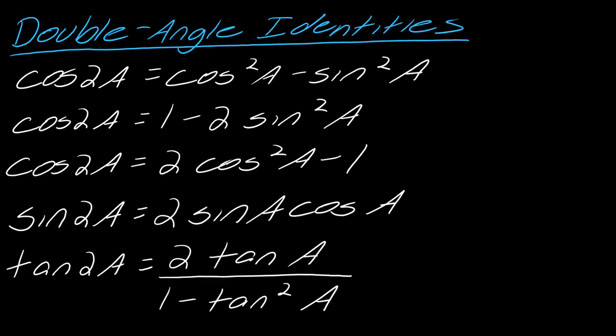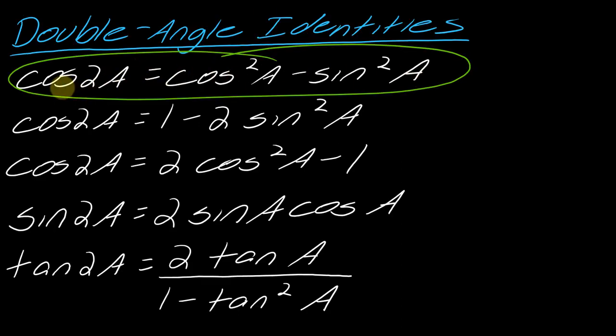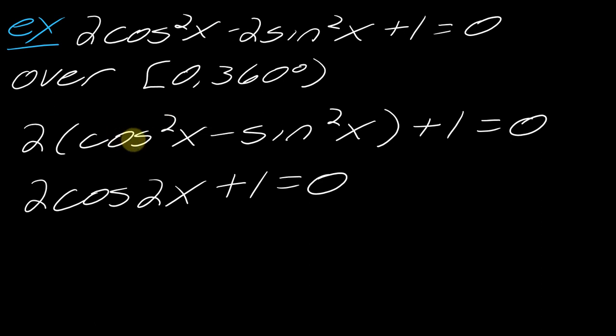With the double angle identities, that is what this is right here, right? And so this is kind of cool, actually, because check out what this does. Then I can replace this cosine squared x minus sine squared x with cosine 2x. And now I've actually gotten rid of both trig functions. I've introduced a new trig function, and now I'm good to go, right? So, all right, that's cool.